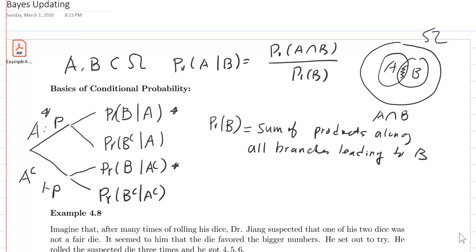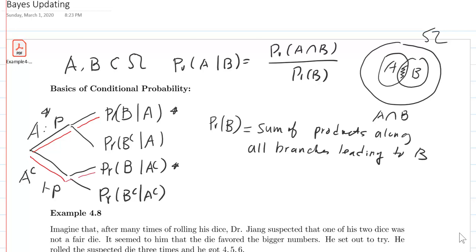Suppose you want to know what's the probability for B to happen, then you just need to look at two situations. One, what if A happens? And then you have this branch over here. If A happens, then you have this one. And the second one is over here. So we look at two branches leading to B.